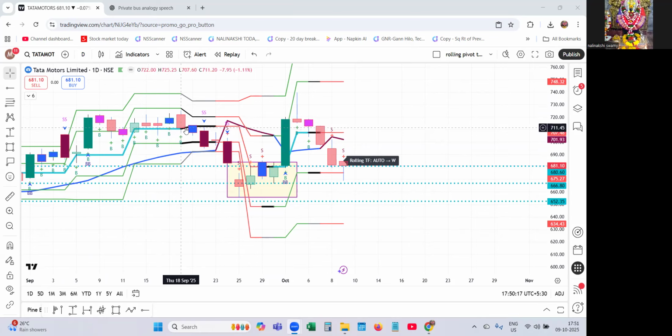It lost its balance, and the direction of the bus, instead of going up, turned towards the downside. There comes the Gann HiLo. Finally, the Gann HiLo trend acts like the direction board on that bus, showing whether the route is upward or downward. Okay?